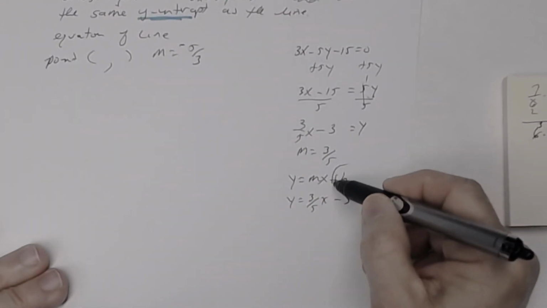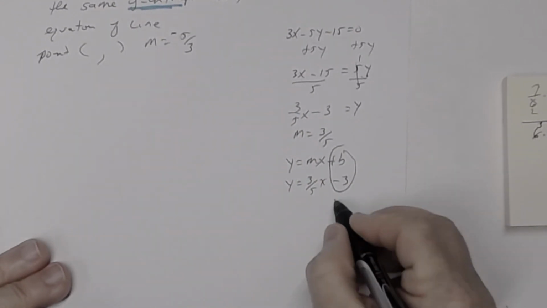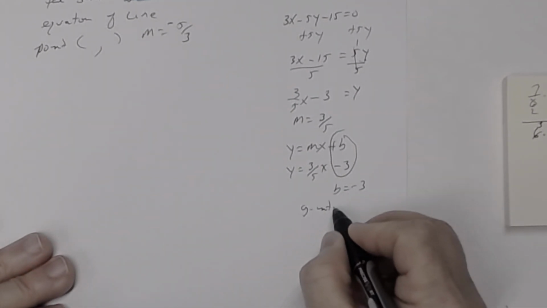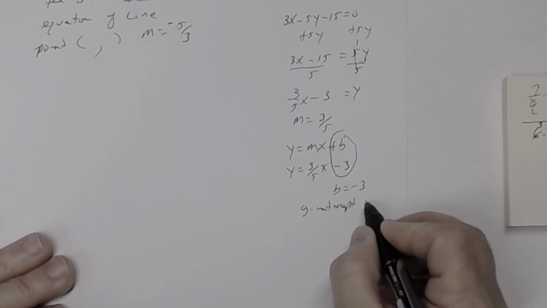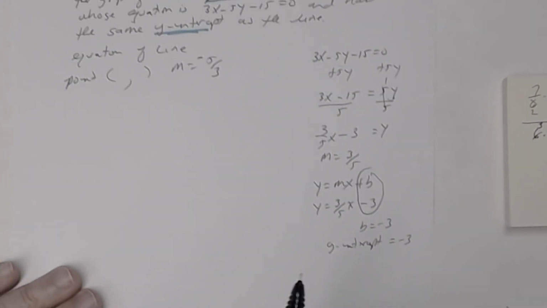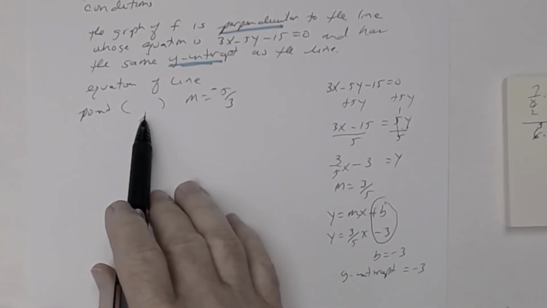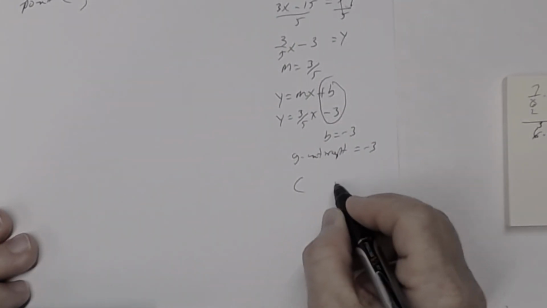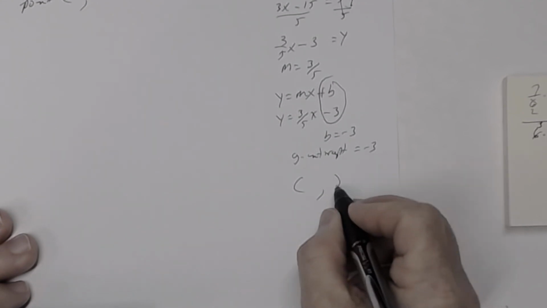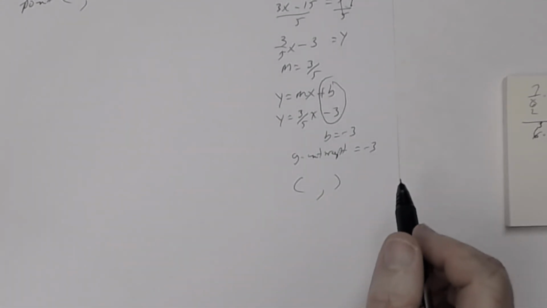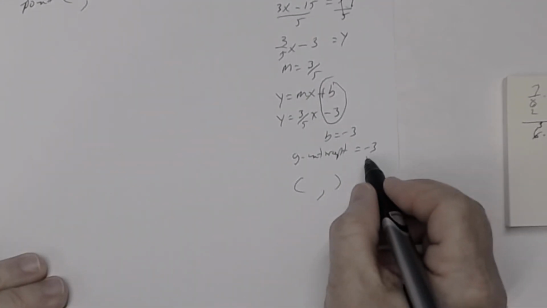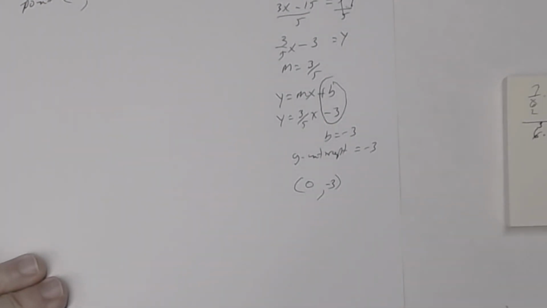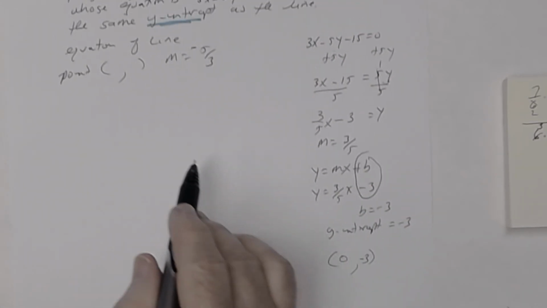So my y-intercept is negative 3. Now be careful, you have to put that as a point though. You need an x and a y coordinate. Y-intercept negative 3 means that y is negative 3, and remember that's where the graph crosses the y-axis, so x is 0.